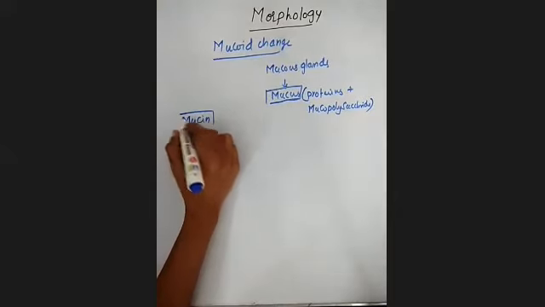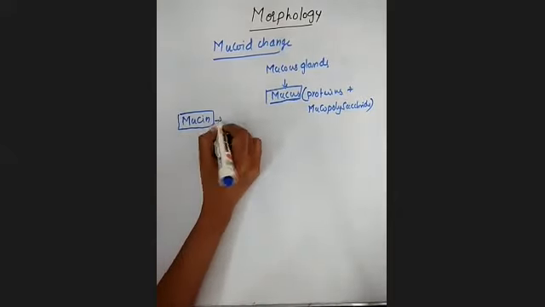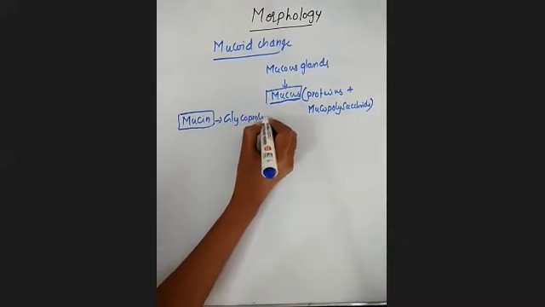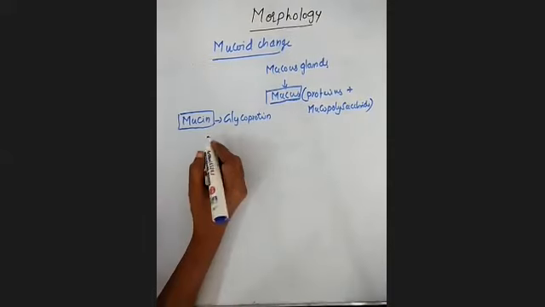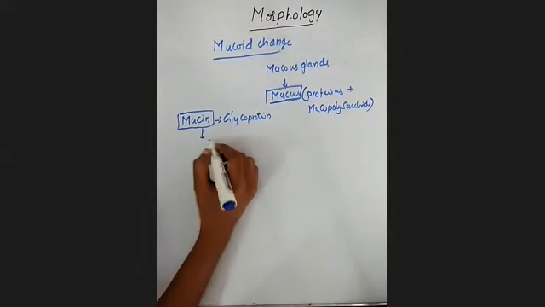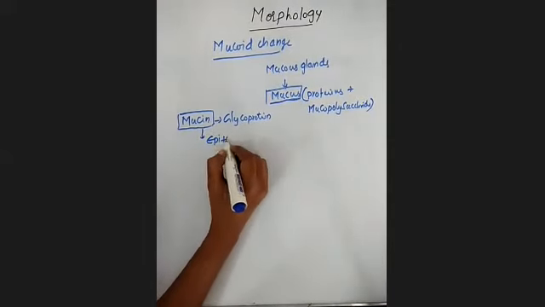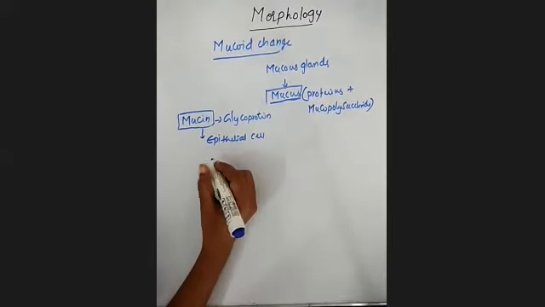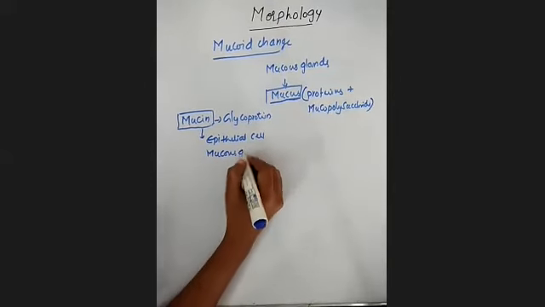And another is mucin. Mainly, mucin is only a protein, that is, a glycoprotein. Clear? This mucin is produced from the epithelial cells of the mucous membrane, and it can also be produced from the mucus glands.